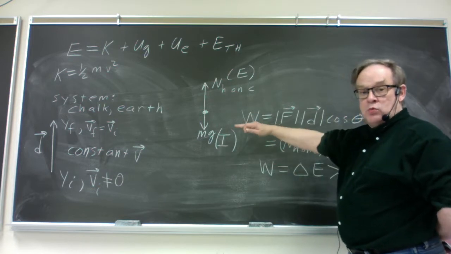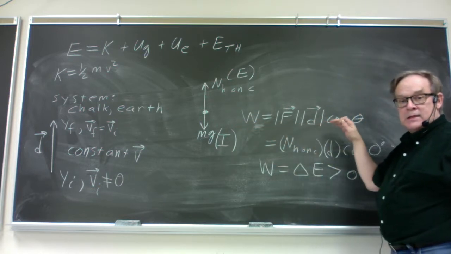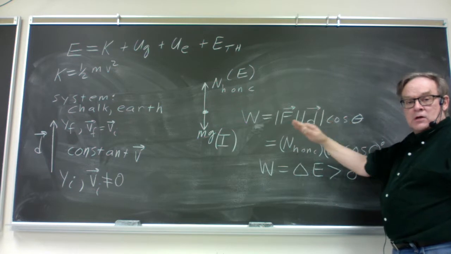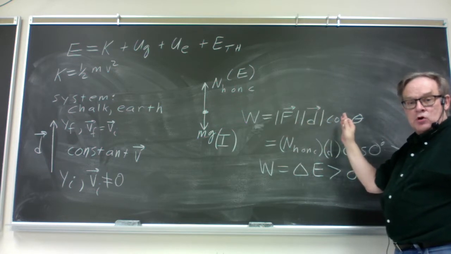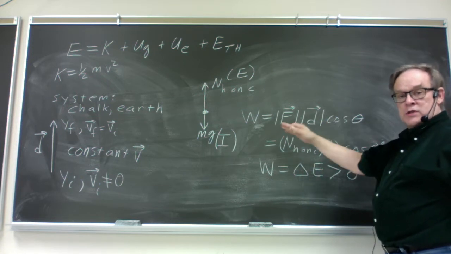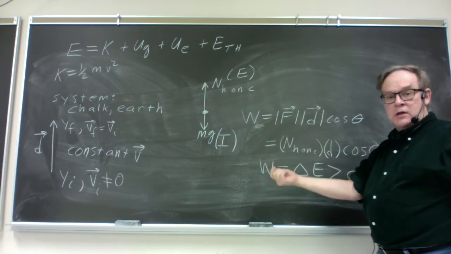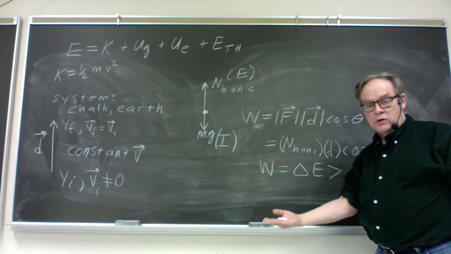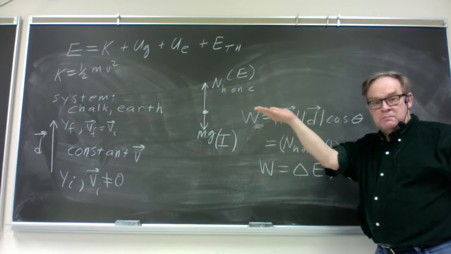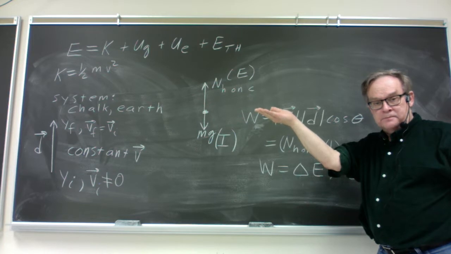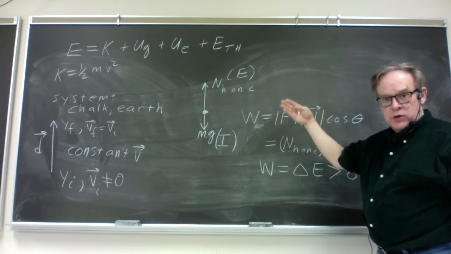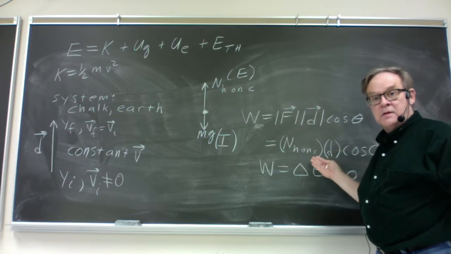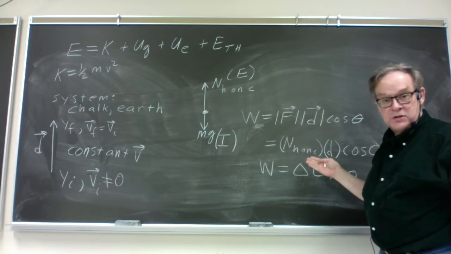So our basic rule for work is this: magnitude of force, magnitude of displacement, cosine. Well, in this case, the external force is just my normal force from my hand. That's the only external force. So it is the net external force.